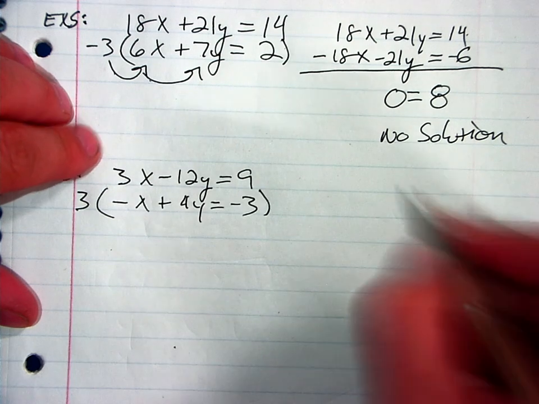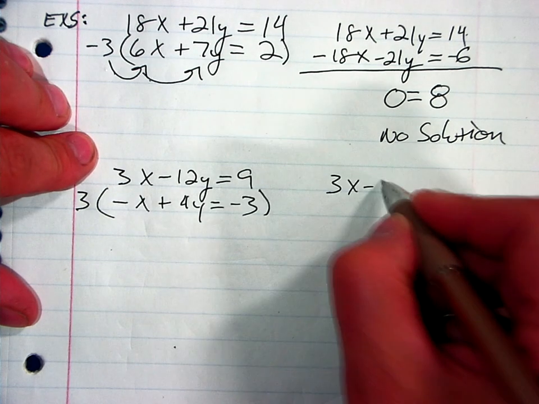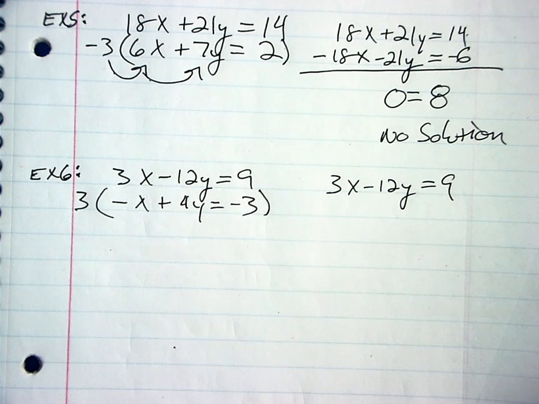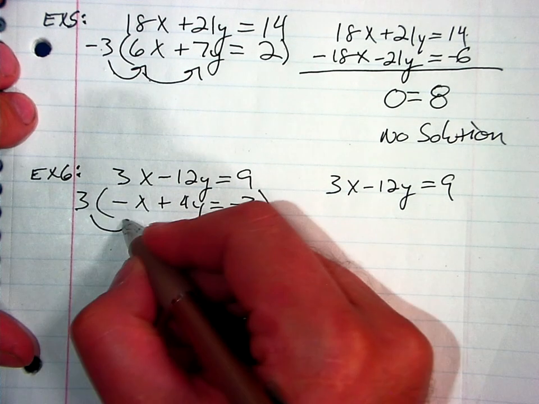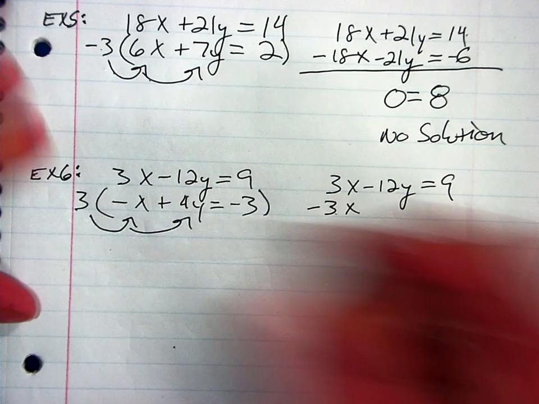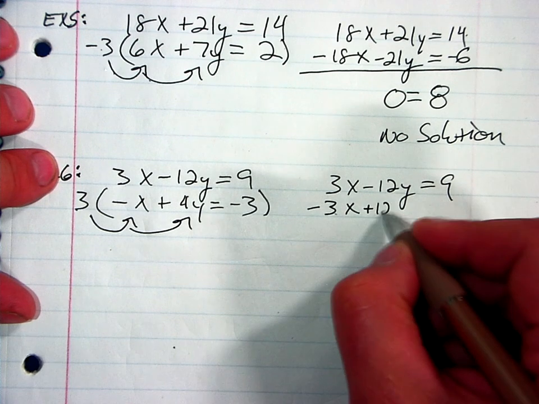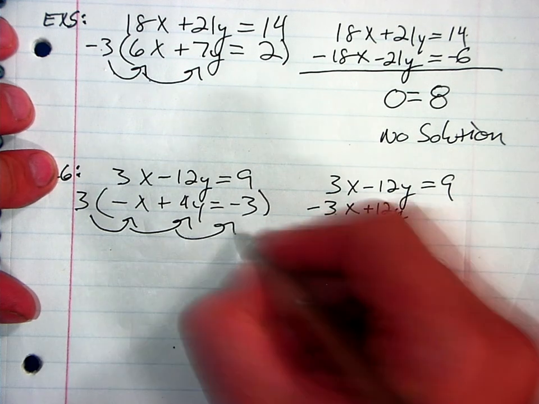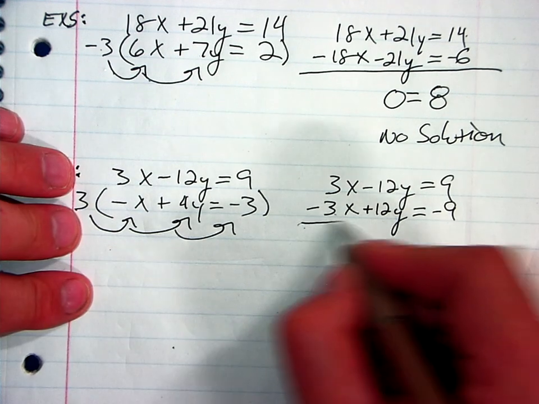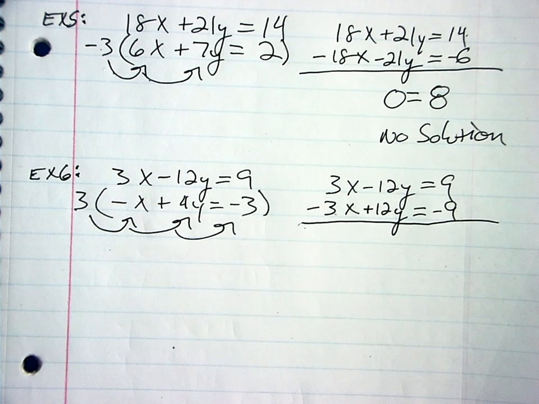So the 3x minus 12y equals 9. I just rewrote it. Now I'm going to do distributive property. 3 times negative x is negative 3x. 3 times 4y is positive 12y. And 3 times negative 3 is negative 9. 3x minus 3x is 0.